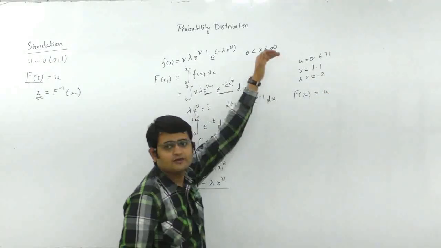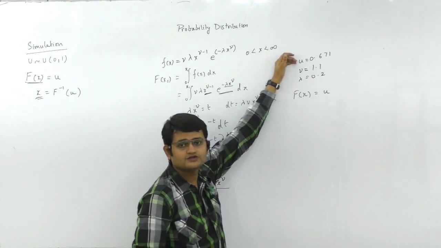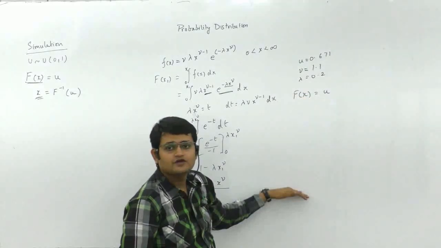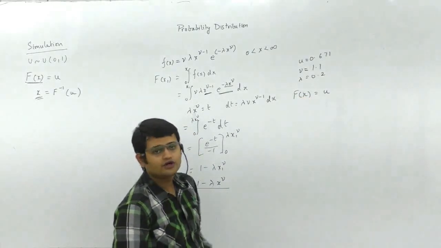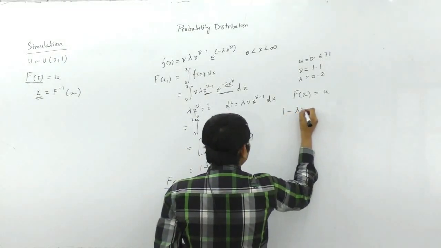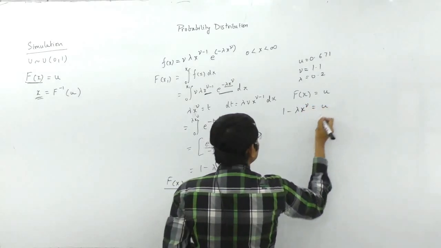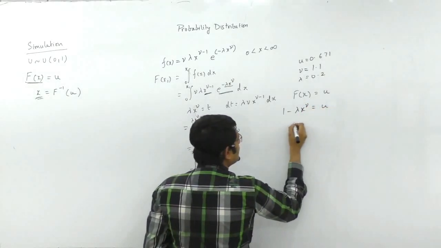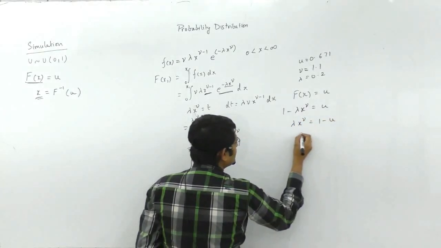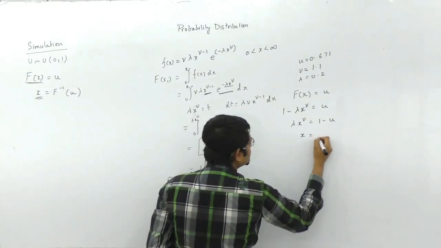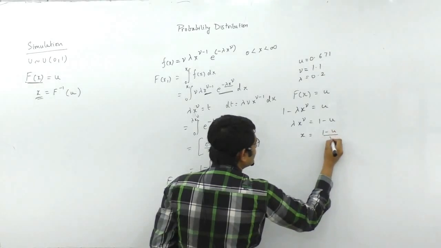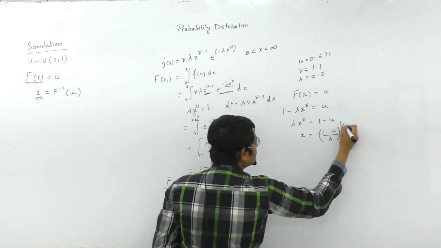Now usually they might ask us to find multiple values of x with multiple values of u. So usually what we do is we make a general formula and then we put our value of u. So I can say 1 minus e raised to minus lambda x raised to nu is equal to u. So we get e raised to minus lambda x raised to nu as 1 minus u, and x will be nothing but the quantity minus log of 1 minus u, divided by lambda, raised to 1 by nu.